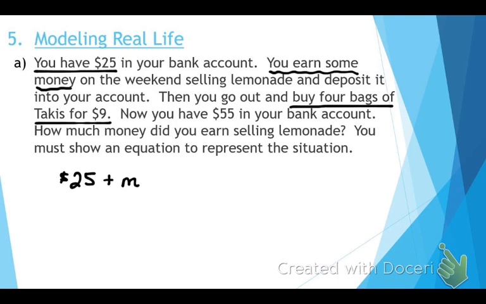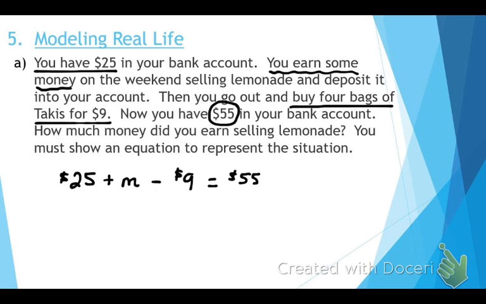Listen, if I go to the store and I spend money, if I multiplied it, it would be getting bigger, okay? So instead, I'm giving away money. That means I am subtracting $9. Now you have $55 in your bank account. Everybody circle the 55. That's what we end up with. So guess what I need to do? Equals $55.